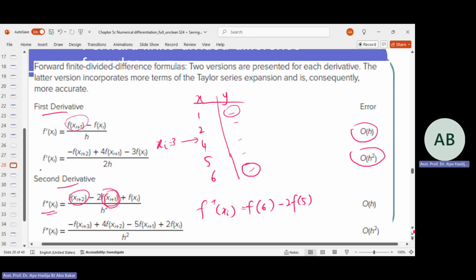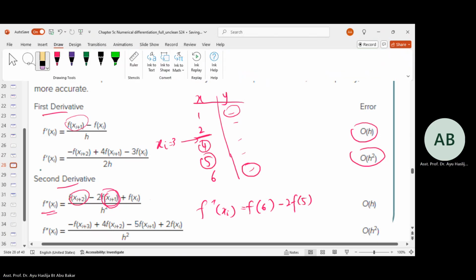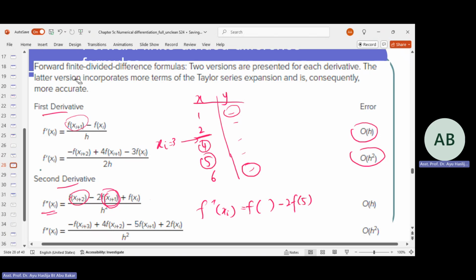No, sorry, your xi is 3. Okay, 3 over here, so x1, x2. Okay, sorry, my bad. So here would be 5 and 4.